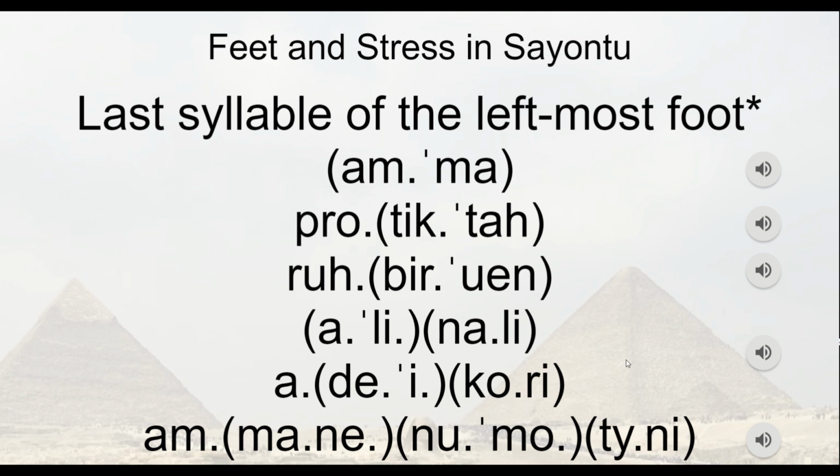So now we get on with words that have 6 or more syllables. This word, which is one of the words for God or the universe, is amanenumotuni. And I was shocked when I first heard the word that the stress was not on the leftmost foot, but on the second to last foot.